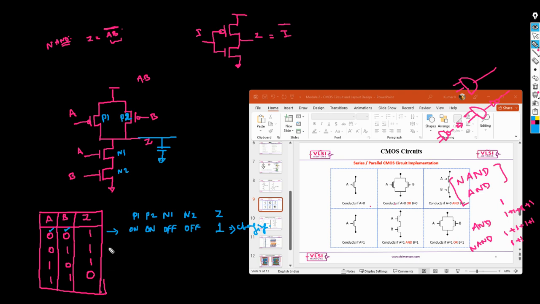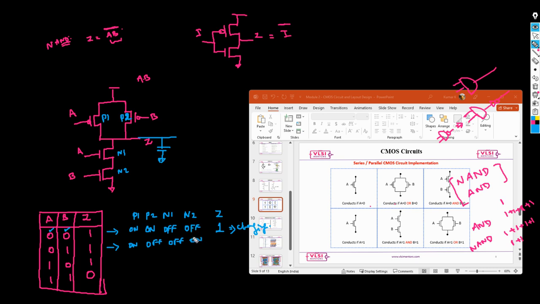So can you tell me what it is going to be? P1 on, P2 off, N1 off, N2 on.